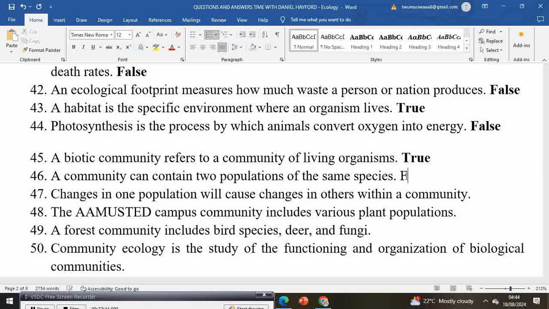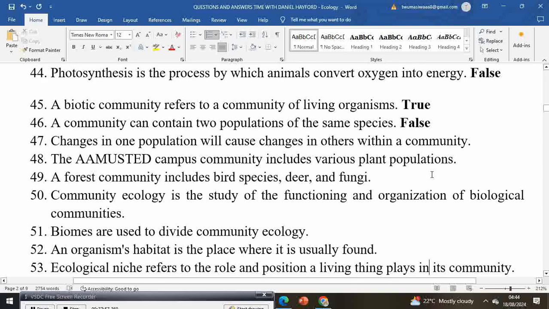Is this true? Statement is false. The community cannot contain two populations of the same species. Now, question number 47. Changes in one population will cause changes in others within a community. Is this one true or false? This is false.